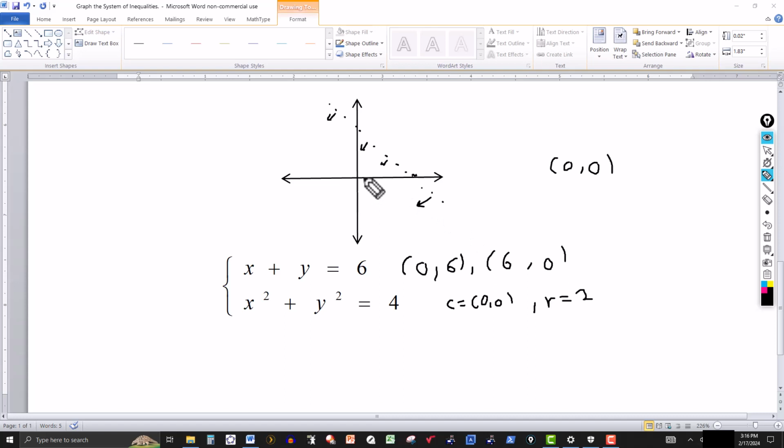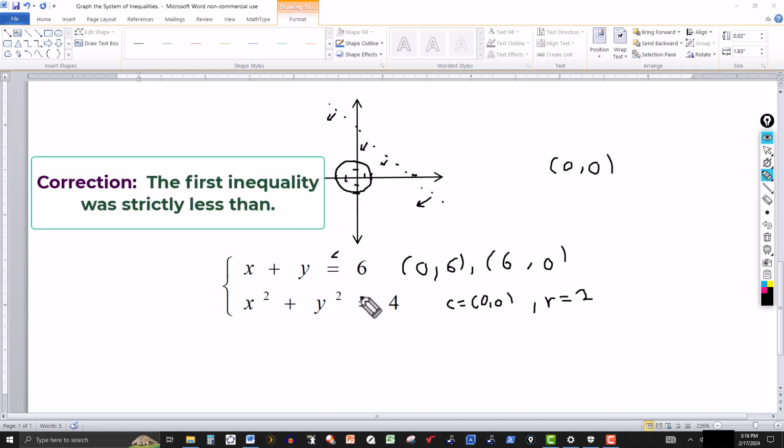So from the center, I go 2 over here, that's your radius, 2 up, and 2 down. The second inequality did have the equals, so the boundary is included. So the circle would go like this. And there you have it. Remember, this was less than or equal.